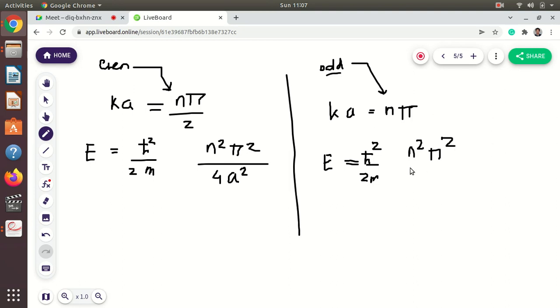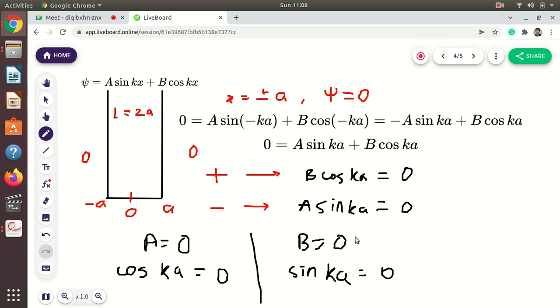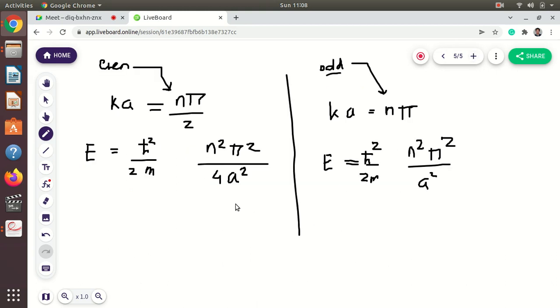So 4 will not be there, and this a square. Anyway, the condition is the same for both cases. The energy condition is the same. Actually here it should also be 4. I don't know why it is not showing. Anyway, you just remember this thing.